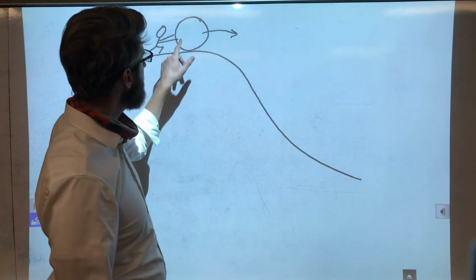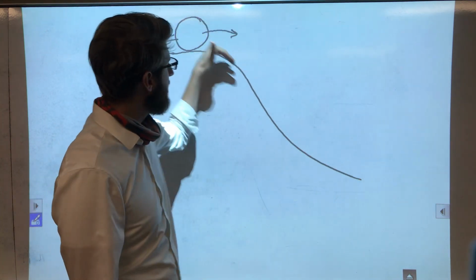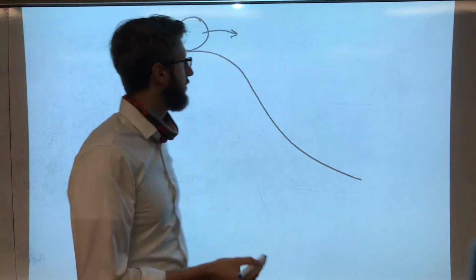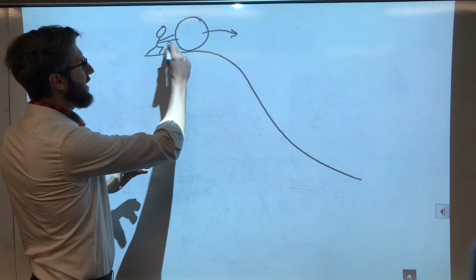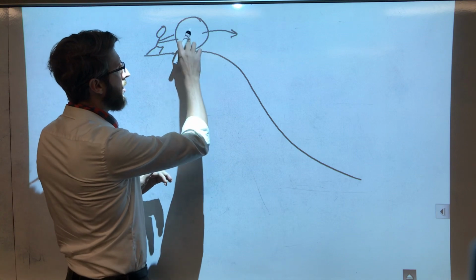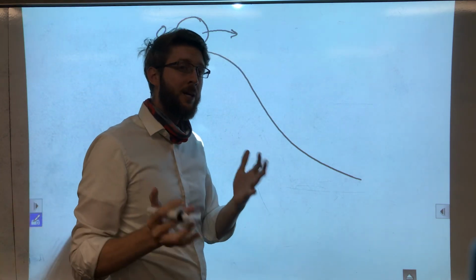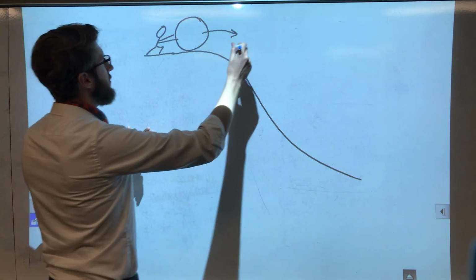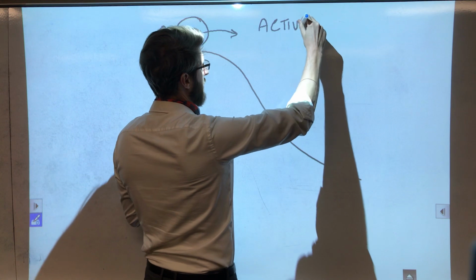Now, once you get to a certain point, the gravity will take care of the rest, and the ball will roll on its own. But there is an initial amount of effort needed to push the ball to the edge. In chemical reactions, we call this amount of energy the activation energy.